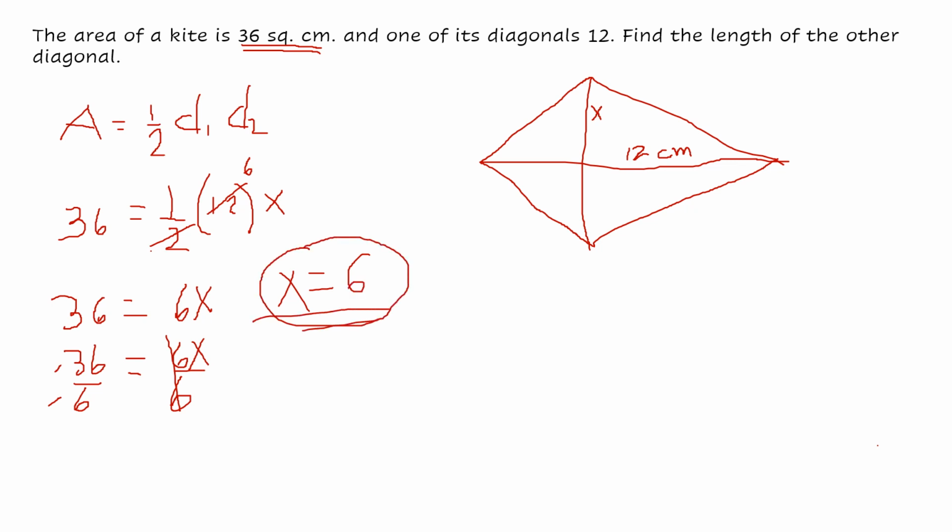So therefore, the length of the other diagonal is 6, and the unit of the length given here is centimeters. So 6 centimeters.